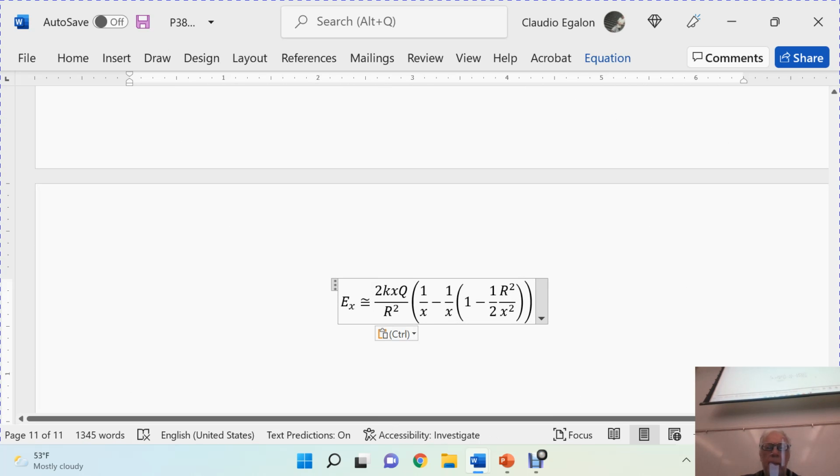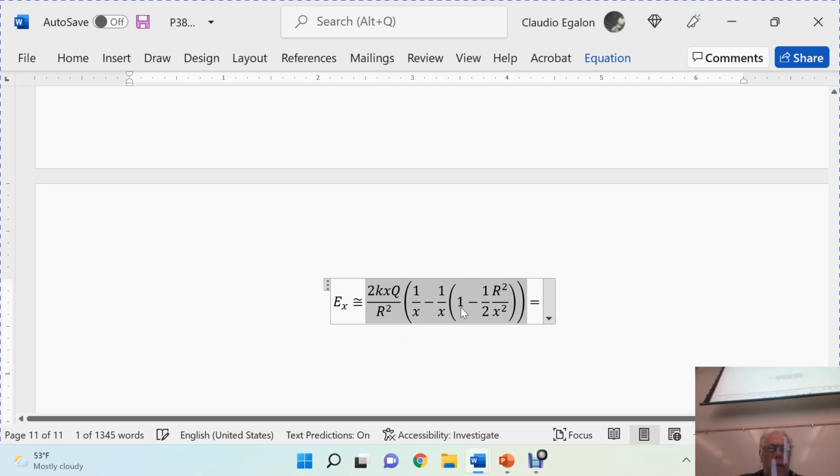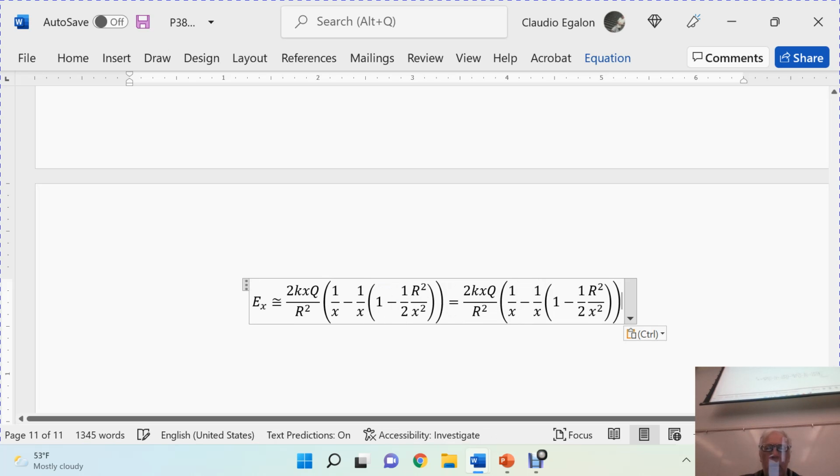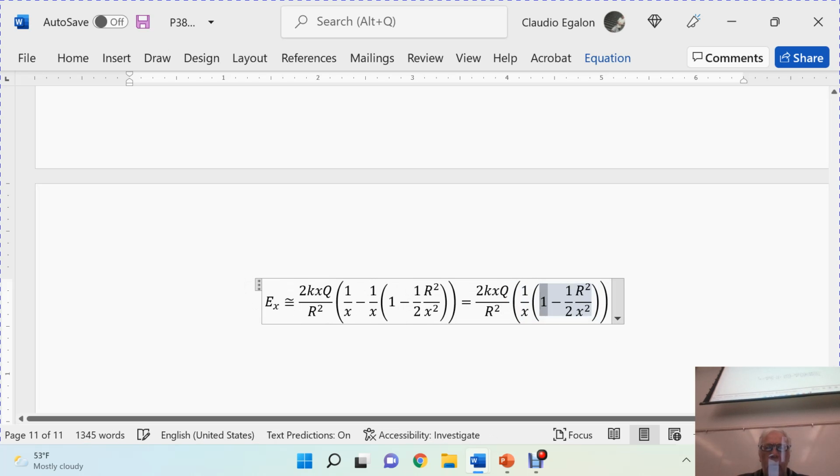Let's not forget that what you have here is going to be equal to what comes here. And here you go. We're going to have minus. I'm going to distribute the minus right in here.